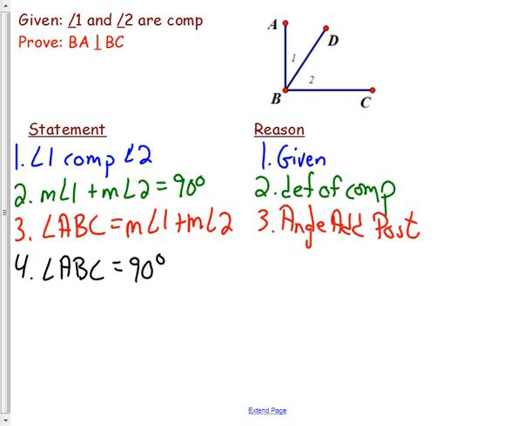You could also say transitive property. We'll just say substitution. So we have that angle ABC is 90 degrees. What does it mean to be 90 degrees? It's a right angle. So we will say that angle ABC is a right angle.